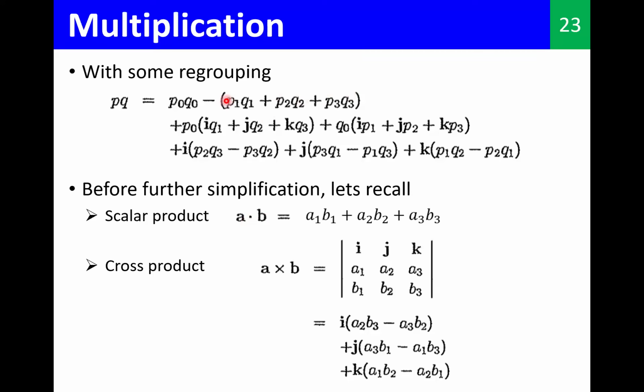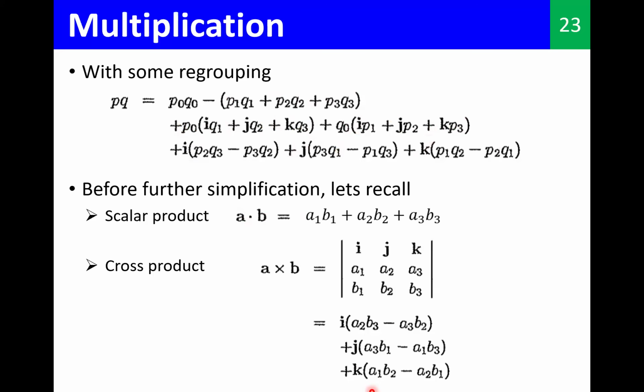So I will replace this with the dot product, and here you can see p naught times the vector part of q, and this is q naught times the vector part of p.